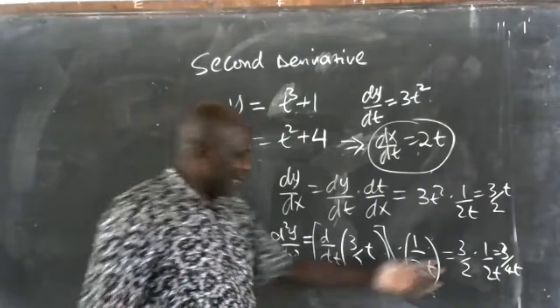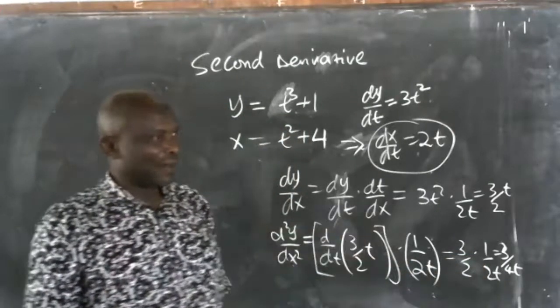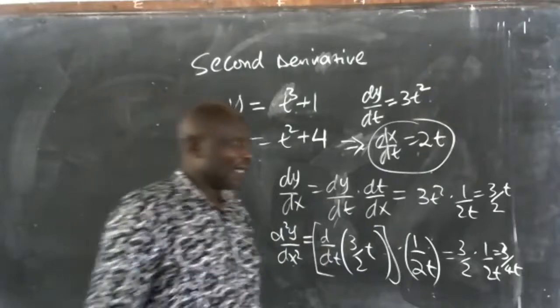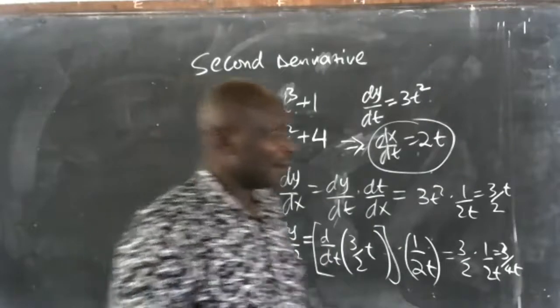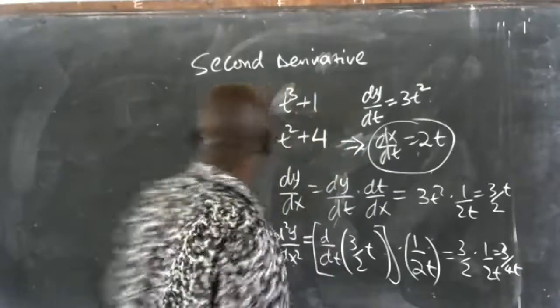Then we multiply what we have differentiated by that, and what we get is our answer. Is it okay? Are we together?